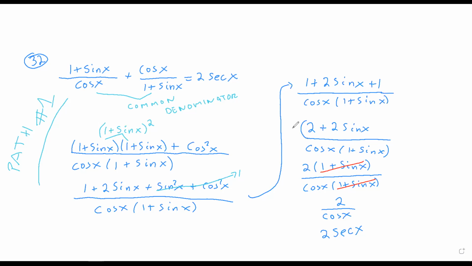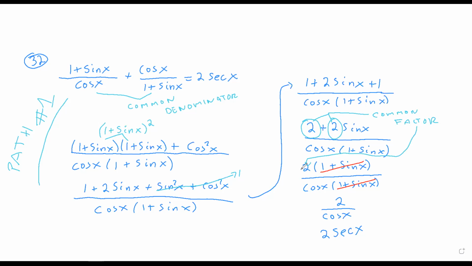So we've got a 2 here, and we've got a 2 here. That's going to be the common factor. And that common factor, we're going to bring it over here.